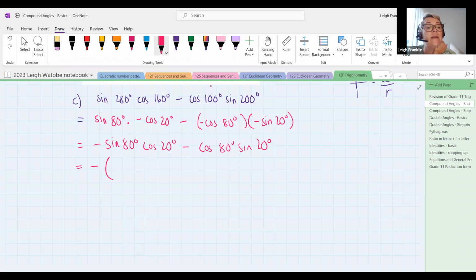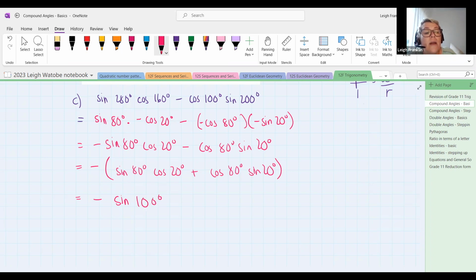Then we would end up in brackets with sine 80 cos 20 plus cos 80 sine 20. Our ratio will be negative, and because it's sine cos, cos sine, sine keeps its sign. So then we would end up with the sine of 80 plus 20, which would be sine 100. And that would end up being our final answer for this one.